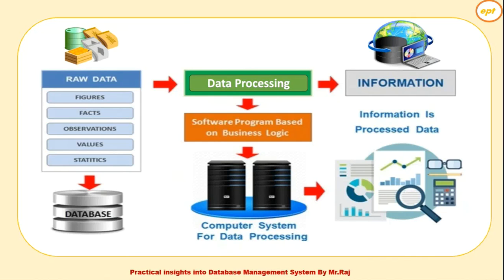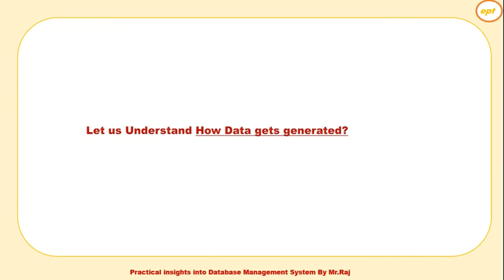Based on the business that you are working in, based on the domain, you will be writing some business logics, some validations, or some programs. Using that program, you will be converting raw data into the information. When you have information, then it will be really useful for taking any kind of business related decisions. Okay, getting? All right, let's move ahead and understand.